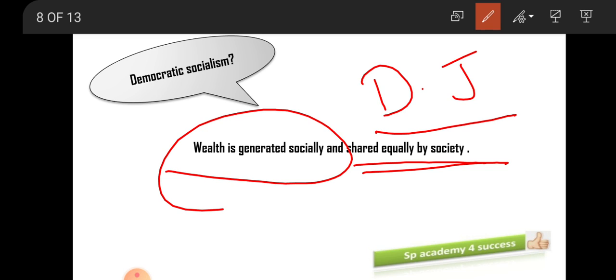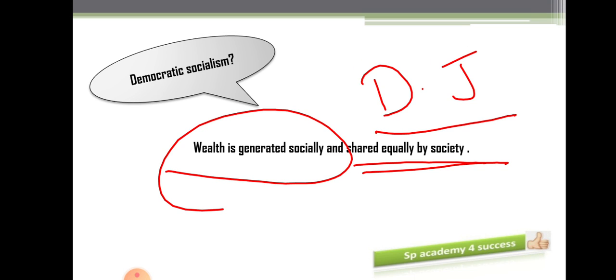It has to be distributed equally among the people. If this doesn't take place, what happens? The rich people will become more and more rich and the poor will be left behind. The poor will be in the same condition. So, to avoid that condition, to make everyone equal, we follow this democratic socialism.